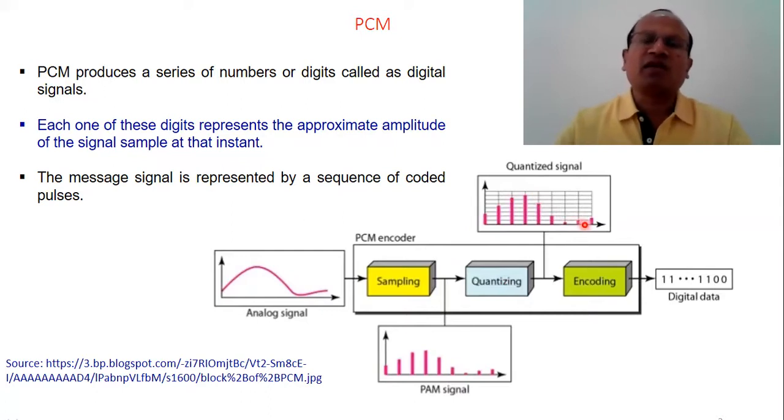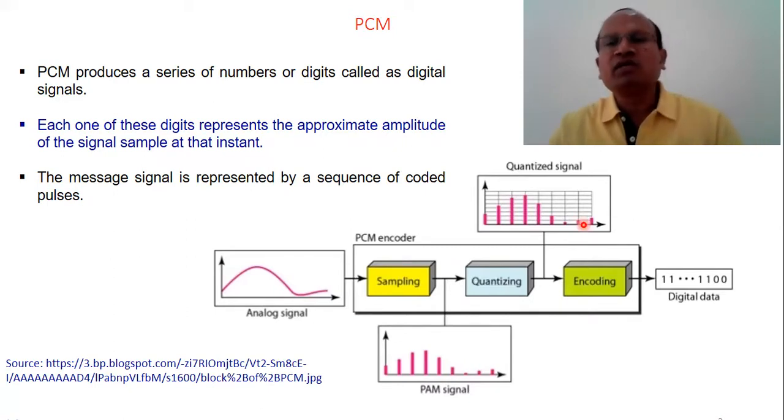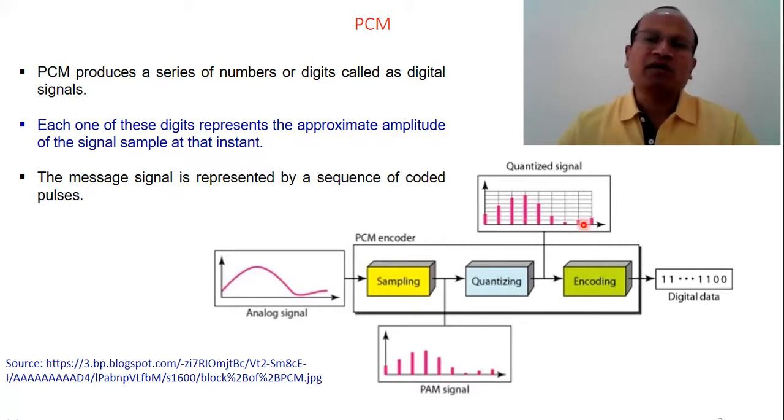There is a process involved in quantization, which we have covered in the previous lecture. So we will not emphasize quantization, sampling and encoding separately. The idea is to briefly understand how PCM converts an analog signal into a stream of bits. That's why we are discussing this block diagram.